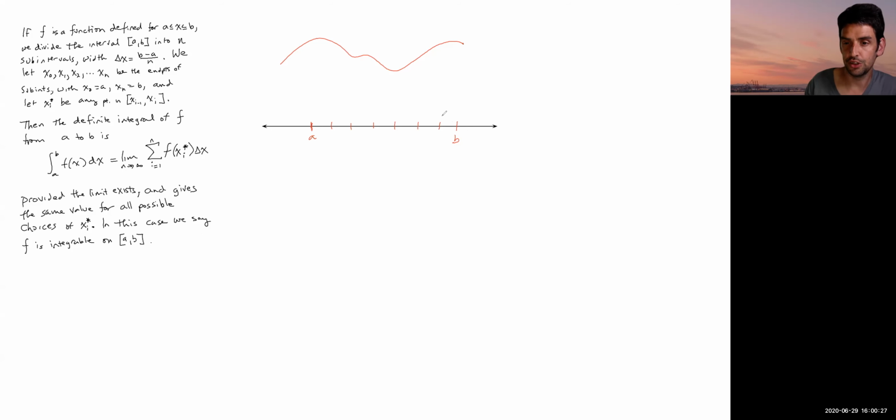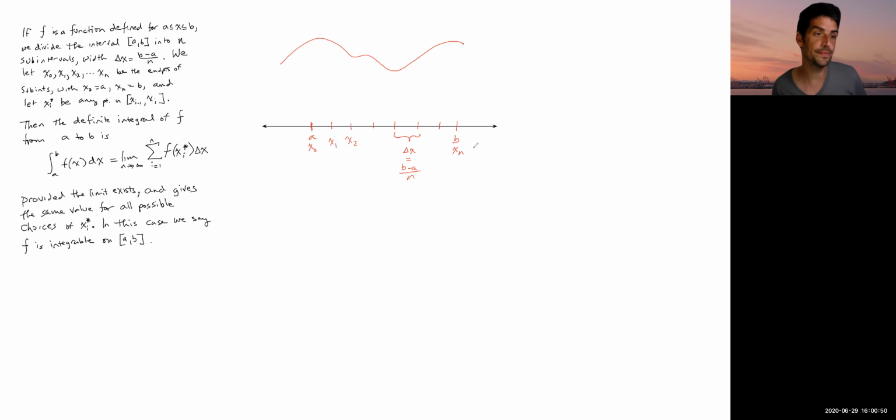The width of each one is delta x, which is equal to b minus a over n, right? Just how long is the whole interval divided by how many pieces there are. We label these as x0, x1, x2 on up to xn, right? This is just everything we've been doing, just laying it all out.